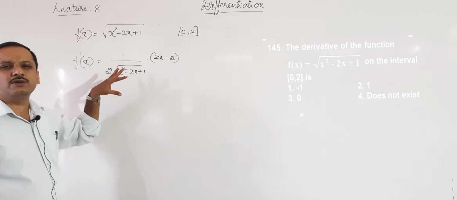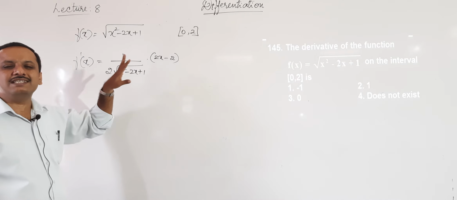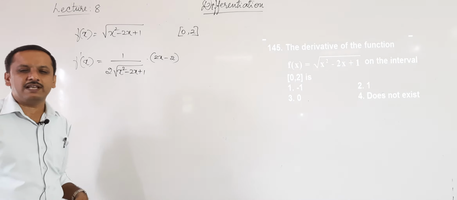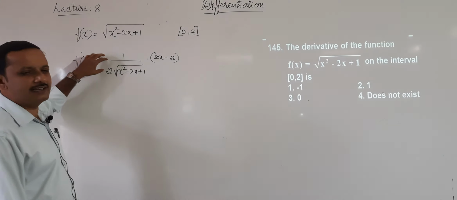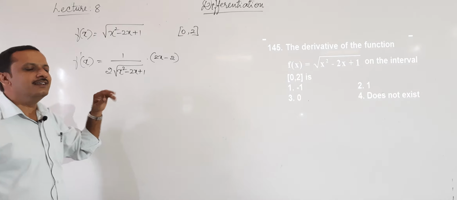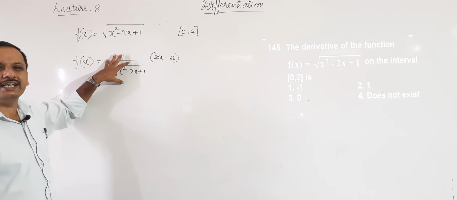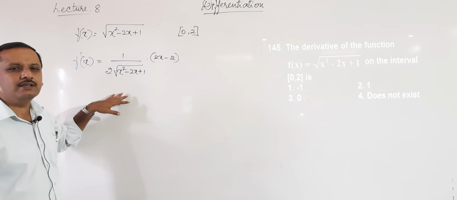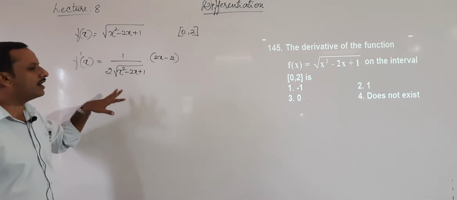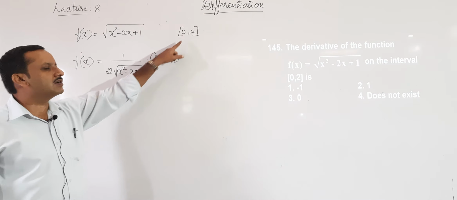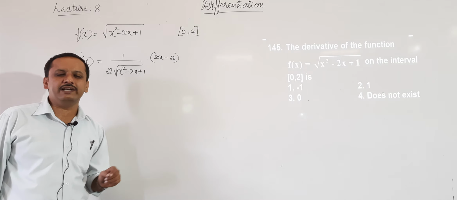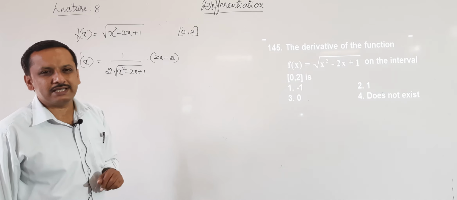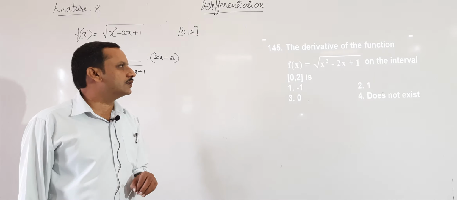So 0 by 0, this is not defined. Now when I say 0 by 0, don't think of, sir, I will use L-Hospital's rule. You cannot. You can use L-Hospital's rule only when you have a limit here. So this is 0 by 0, an indeterminate form, this is not defined. So f dash of x is not defined at x equal to 1 and 1 belongs to this interval, therefore function is not differentiable in that interval, or a derivative does not exist in the interval 0 to 2.